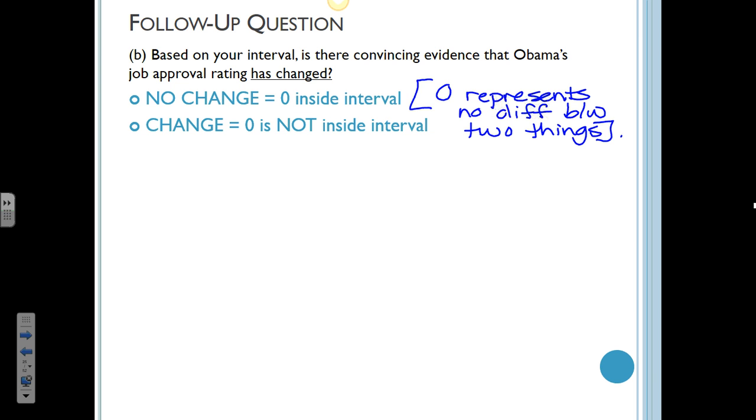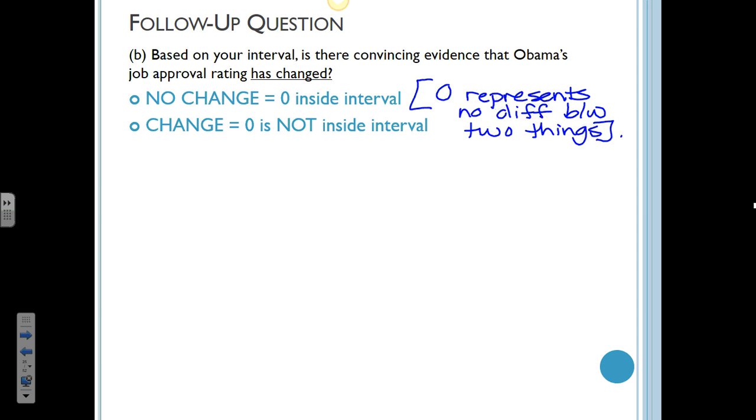It's kind of like this. On your little performance task in chapter 9, let's say that Henry made an 8 out of 10 on one, and then an 8 out of 10 on another, and then an 8 out of 10 on the last one. Did his performance change over time? How did you know there was no difference? Because he got the same score. Also known as, if I take the difference within one score versus the next, 8 out of 10 minus 8 out of 10 is what? 0.